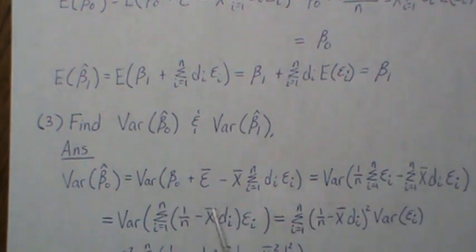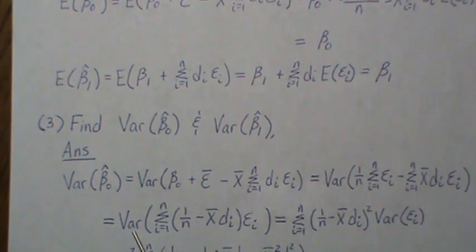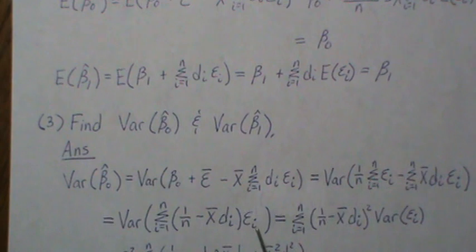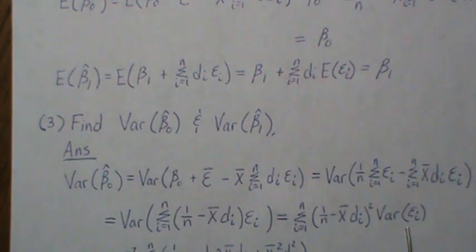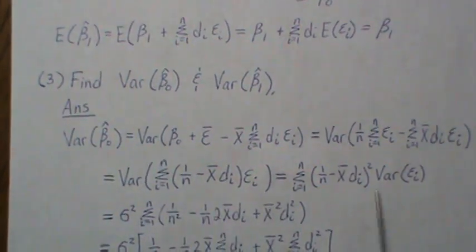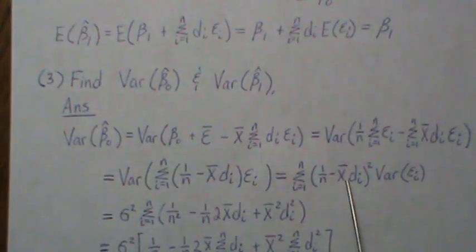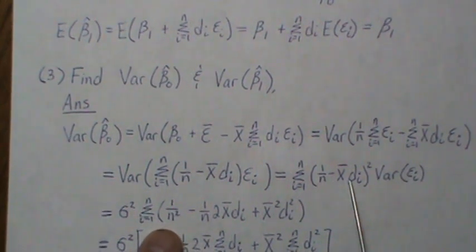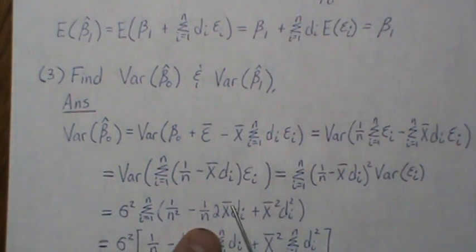So there's no covariance term in this variance. So we bring in the variance, and then we have to bring out the constant term squared, and then the variance of this inner piece. Well, the variance of that is sigma squared, so that comes out of the sum, and we're left with this. So when we square it, we get 1 over n squared, 2 times this sum, and then this squared.